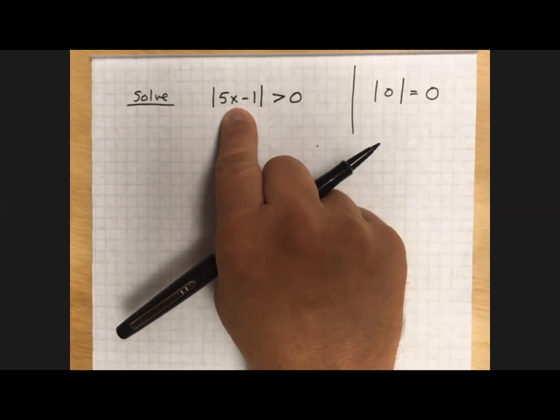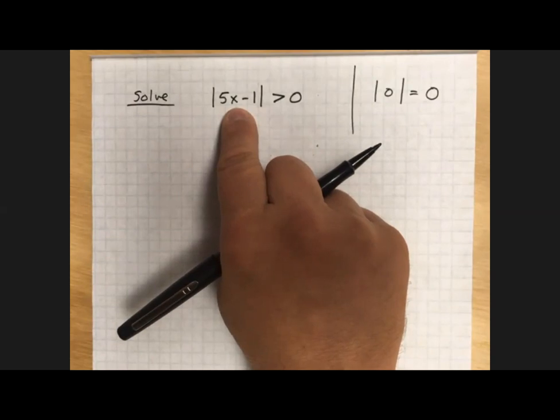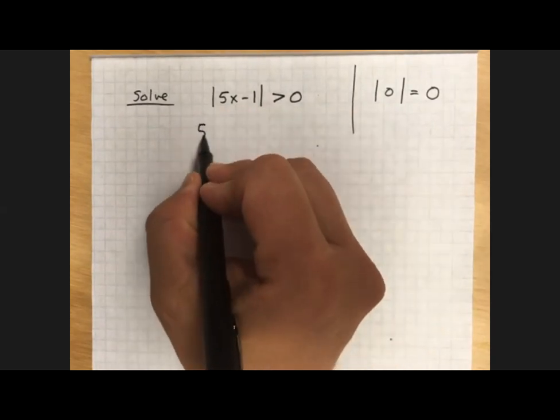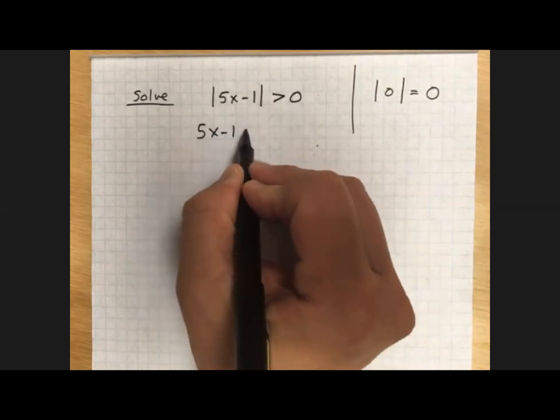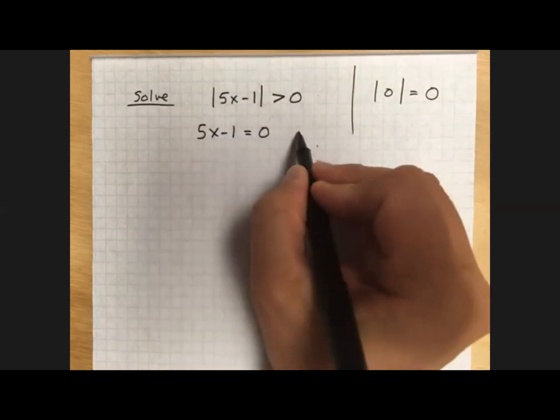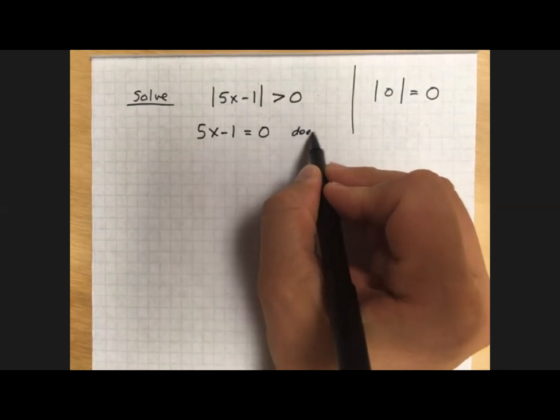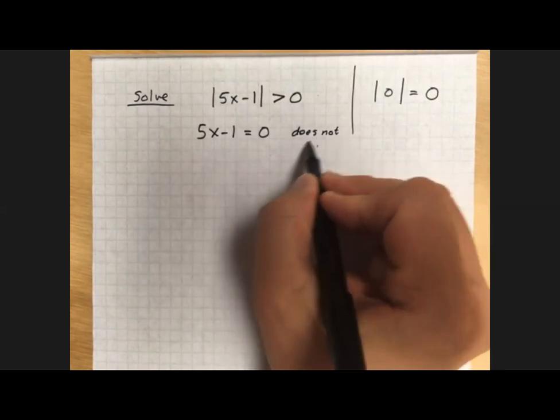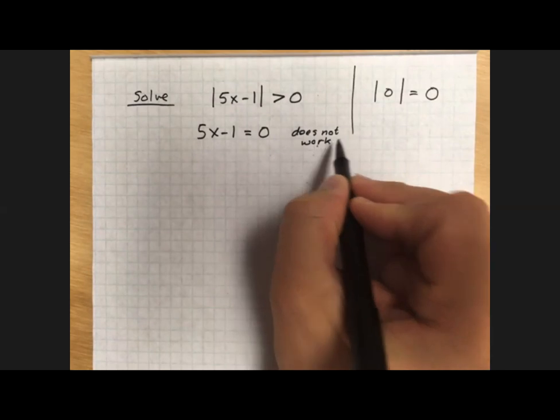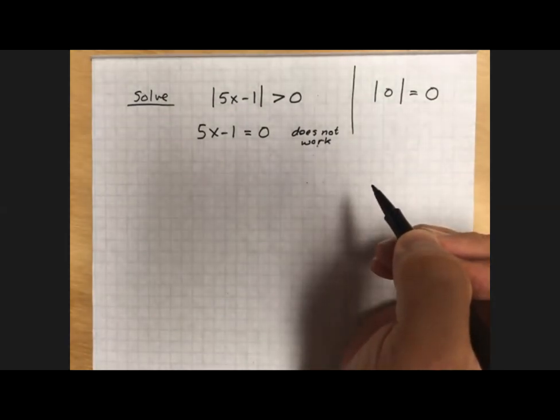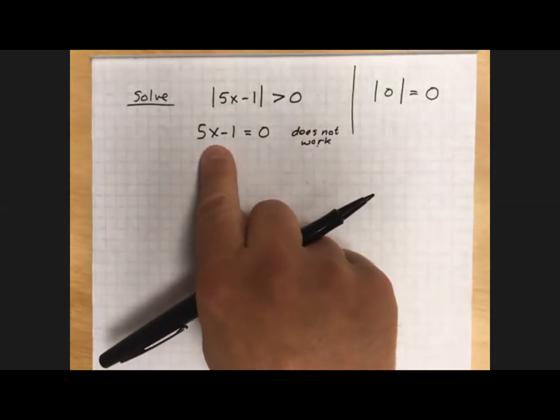So you said 0 doesn't work. I want you to change it just slightly. 5x minus 1 equals 0 does not work. Do you realize this would be the only time you would lose? And that's kind of funny.